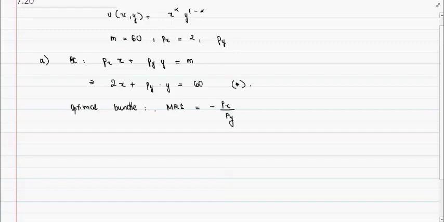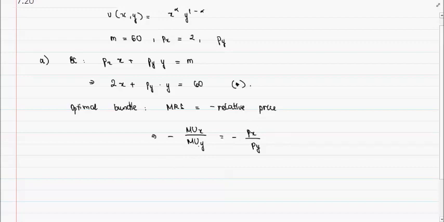Remember, if we use MUX on MUY, then the relative price has to be PX on PY. If you are using MUY on MUX, then the relative price has to be PY on PX.